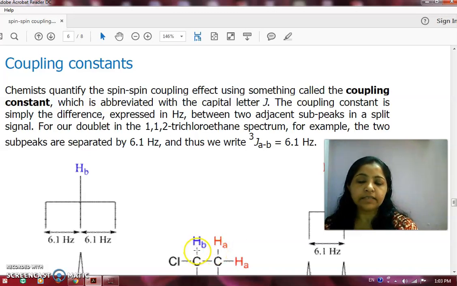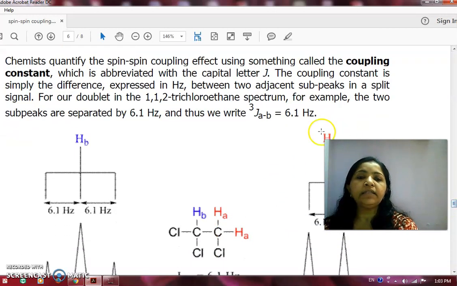Here it is 1 bond, 2 bonds and 3 bonds. Similarly, 1 bond, 2 bonds, 3 bonds. So there is a gap of 3 bonds, and it is being split by the neighbor HB, and this peak is for HA.